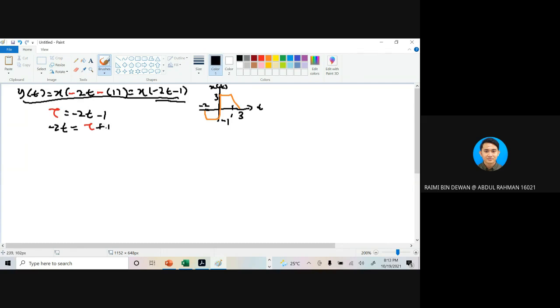And then you have your t equals tau plus 1 over negative 2. Seems a bit messy, so it's better to separate them to make it easier to see and distinguish them.